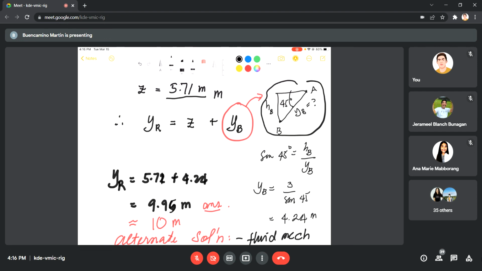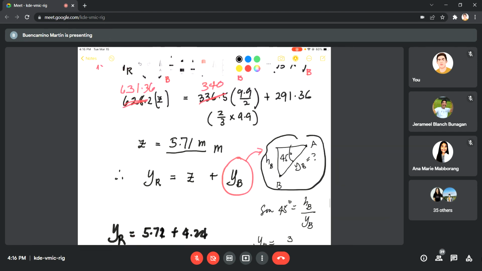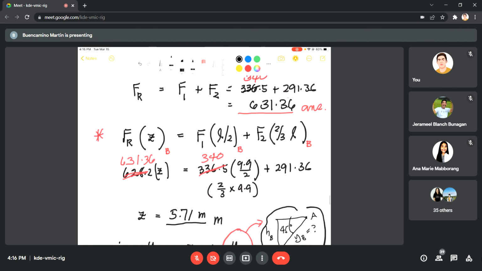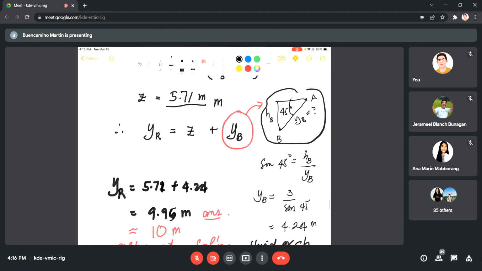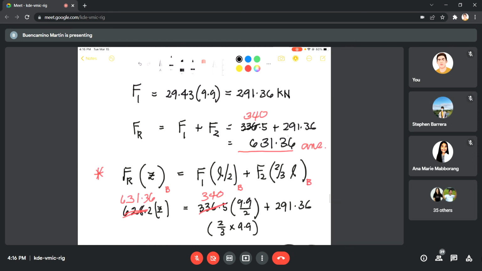And then, so we have now, ano ba yung nakuha na Z? 5.71. So we have 5.71 plus 4.24 ang nakuha sa Y sub B, that would be equal to, tama ba ito? 9.95? Pag-check nyo nga kung tama yun. Yes, sir. Tama po. So yan ang answer natin using prism method.